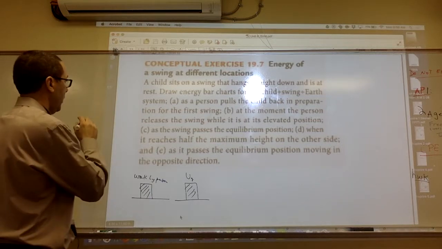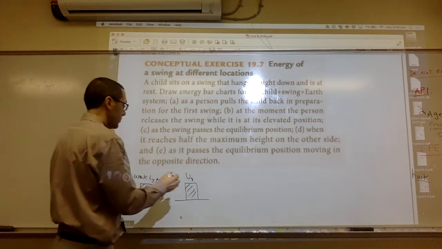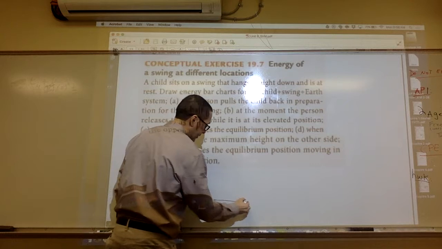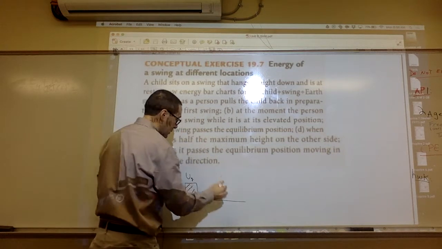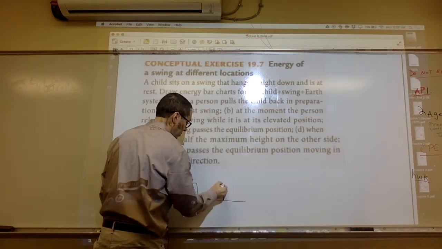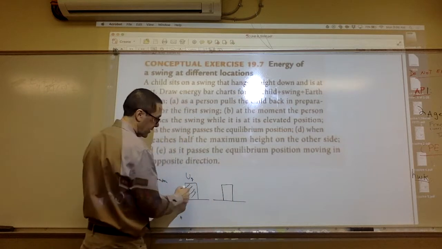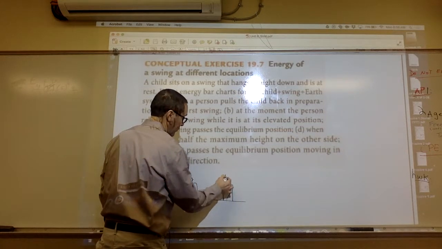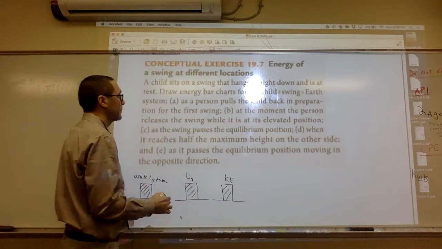Okay, as the swing passes the equilibrium, you're at the lowest point. So all your gravitational potential energy, basically everything we had here, is in the form of kinetic energy now.